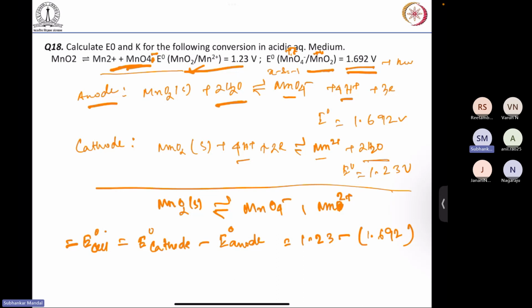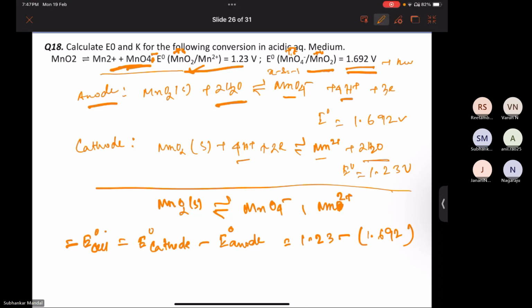Yes, this is the reduction value. And this is plus 4, and this is plus 2. Yes, this is also reduction potential. Actually, I am thinking that sometimes they give the oxidation potential. Yes, it is correct. Then I have to change this one.